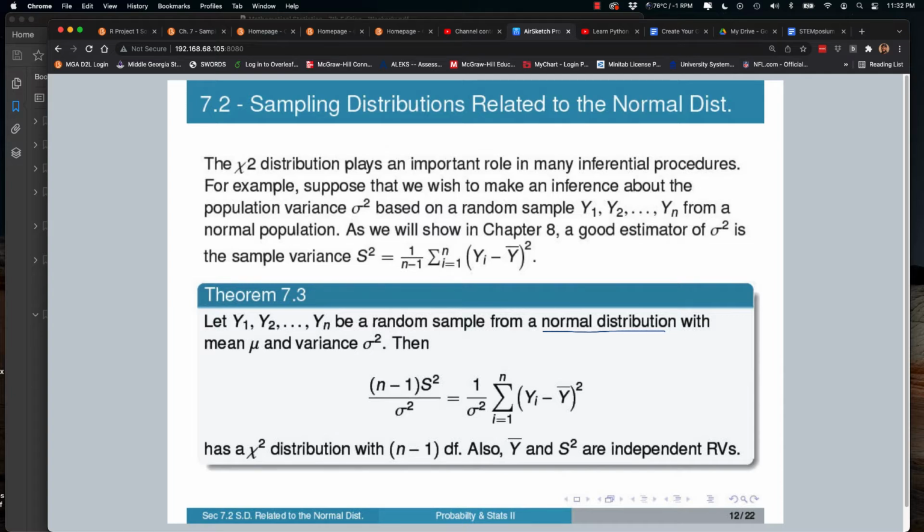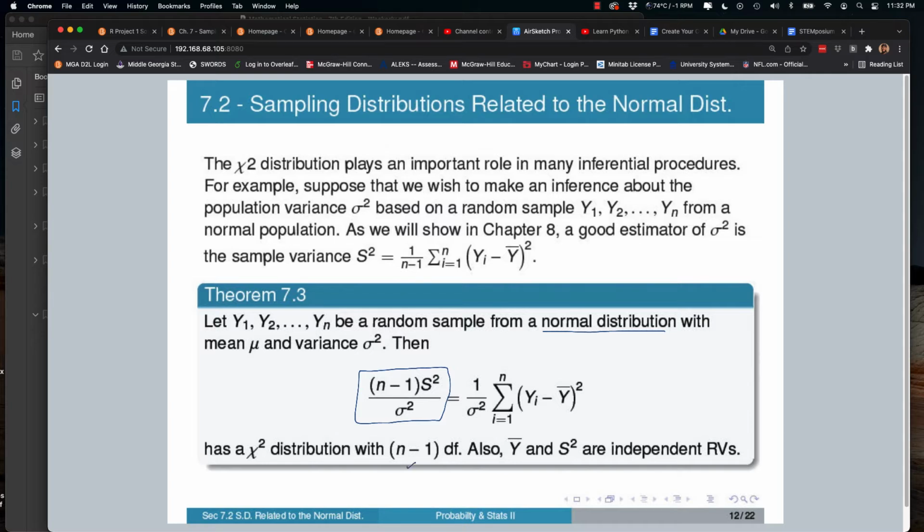And we're really concentrating on this piece here more so than the left hand side of the equation, but it has a chi-square distribution with n minus 1 degrees of freedom.